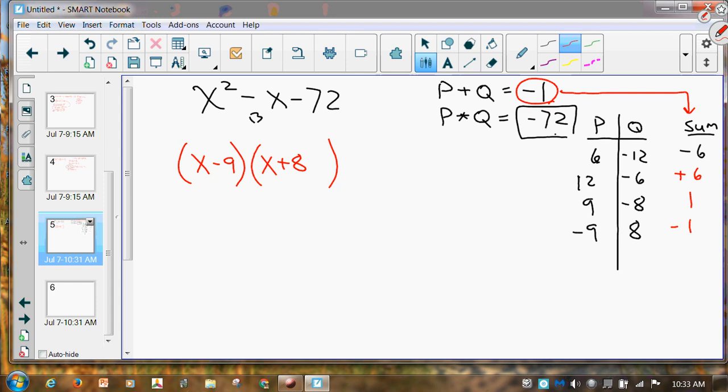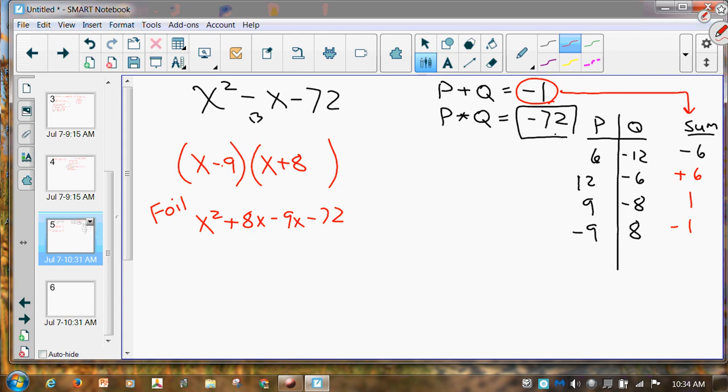All right. Now, do I know that for sure? Well, if I really want to try, I can FOIL this. And if I FOIL it, I should get my original equation back. So let's do that. First term's x times x is x squared, x times plus 8, and minus 9 times x, and minus 9 times plus 8.